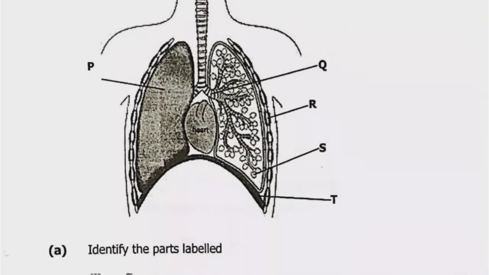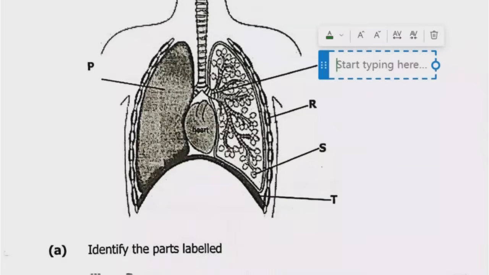Okay, now as we start the diagram, let's give names to these parts that are given. So let's say we have got Q. What is Q?